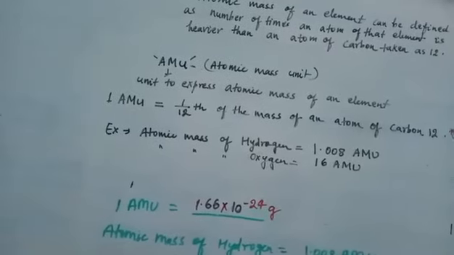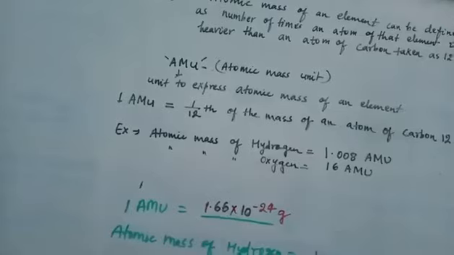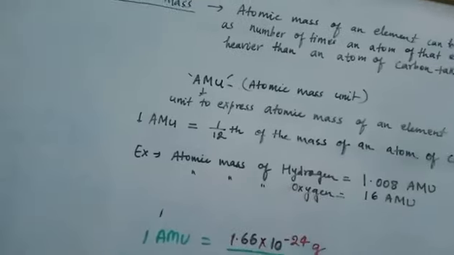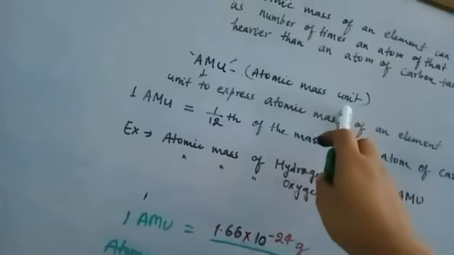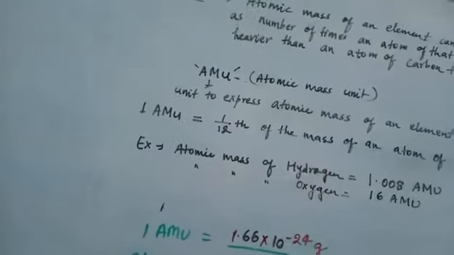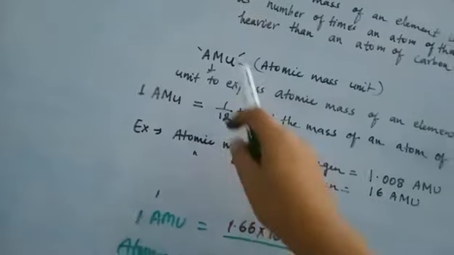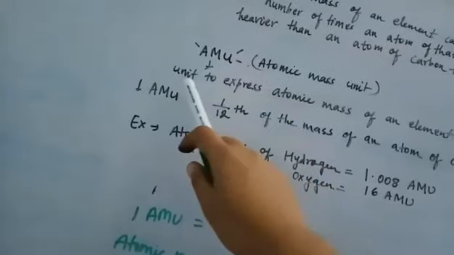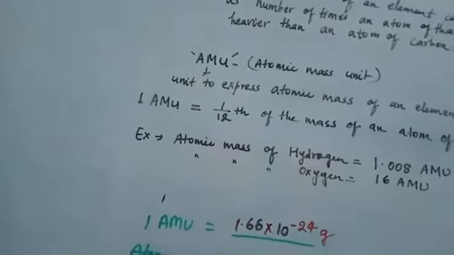So scientists started searching for a unit to express the atomic mass of any element. They named the unit AMU, that is atomic mass unit, and proposed it as the unit to express the atomic mass of an element.